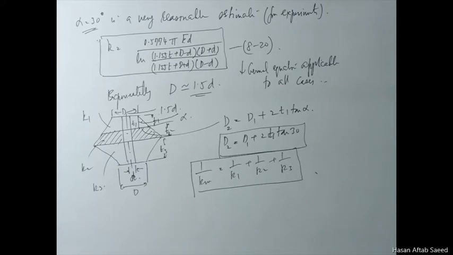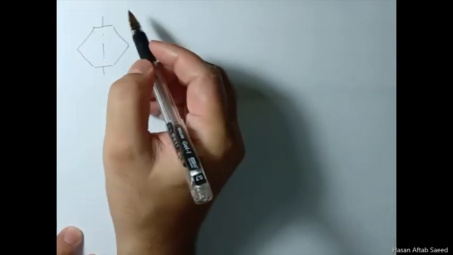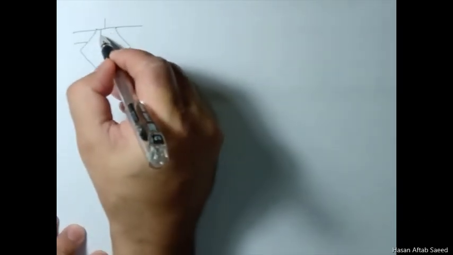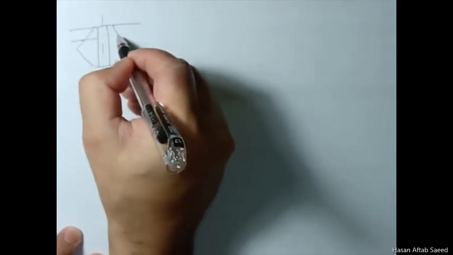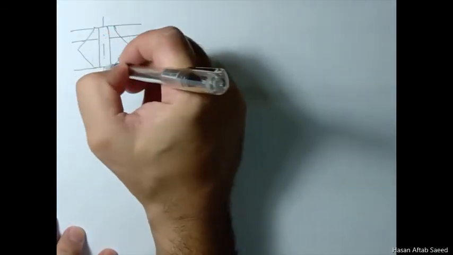For example, first of all, if you have the same materials, let's take a case where the first plate is this one, the second plate is this one, and the area under compression will be the same as before.